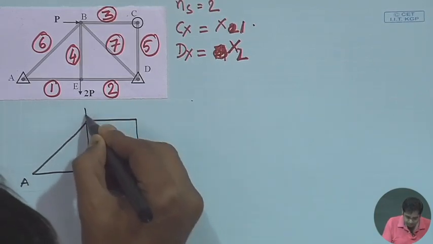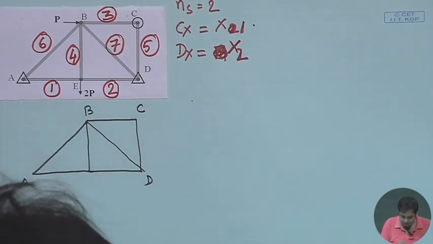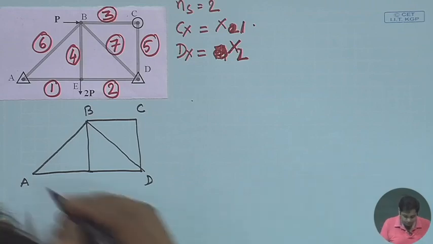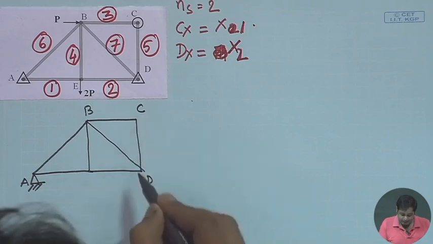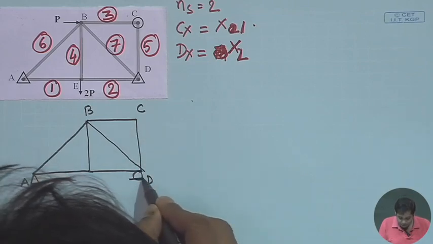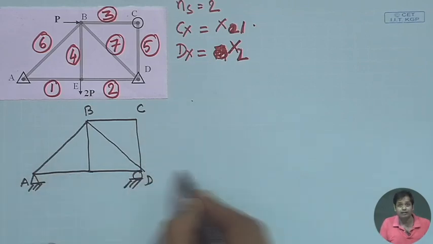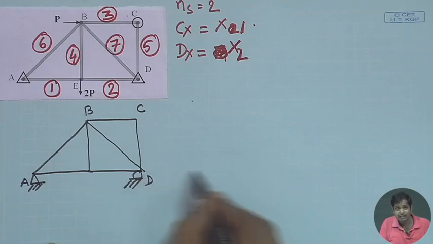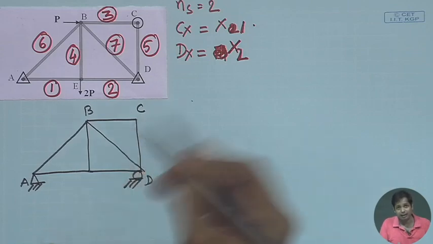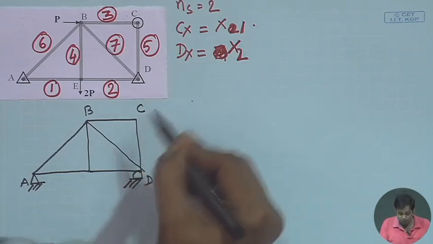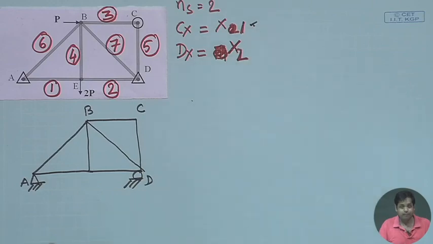The first is this, A, B, C, D. So, what are the supports? Support at A is a hinge support. Support at D becomes a roller support, because we have already taken Dx as redundant, and there will be no support at C, because it was only a roller support at C, and that reaction we have taken as redundant.